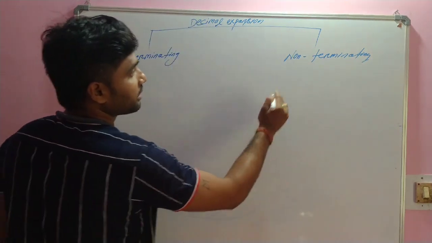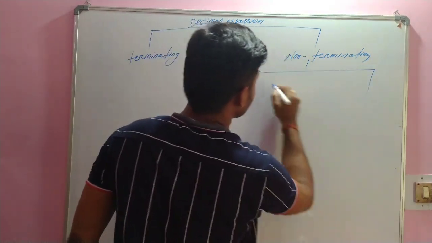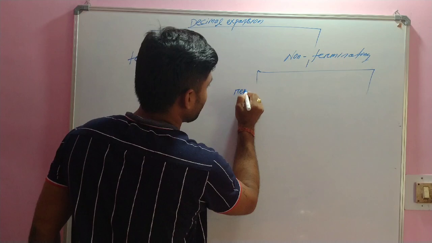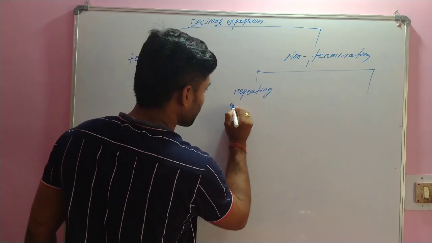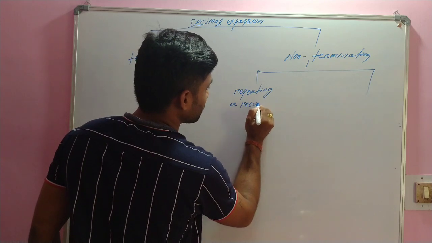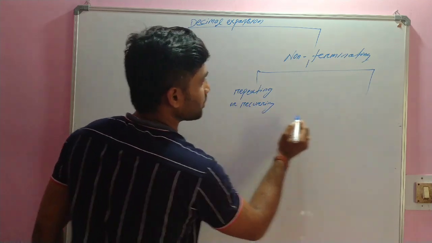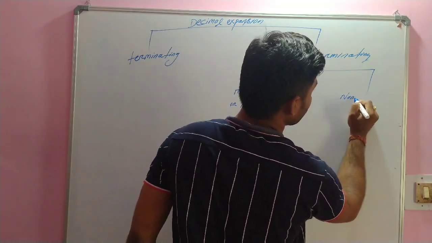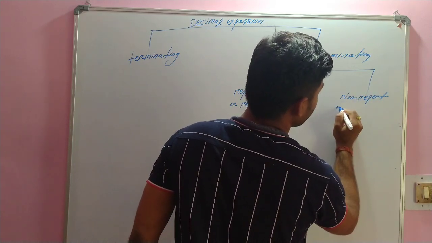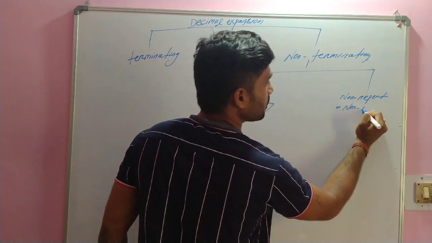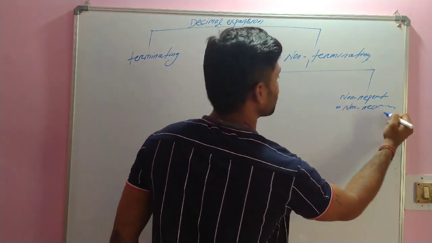Again, the non-terminating are classified into two groups: repeating or recurring, and non-repeating or non-recurring. Okay.